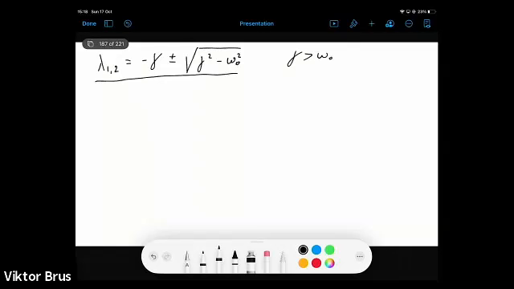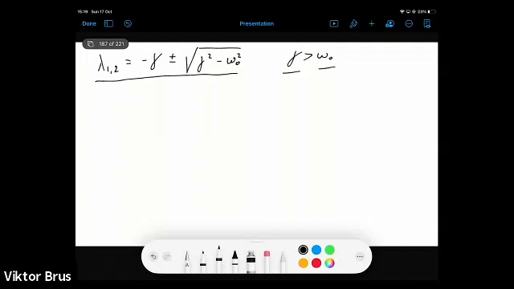So this is a condition, meaning gamma is a coefficient proportional to the effect of damping. If damping is very high, then gamma is larger than the intrinsic angular frequency omega naught.